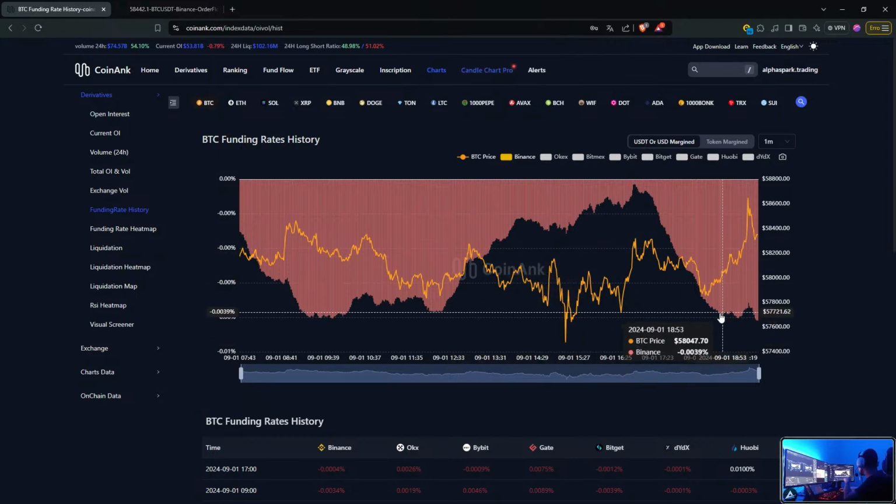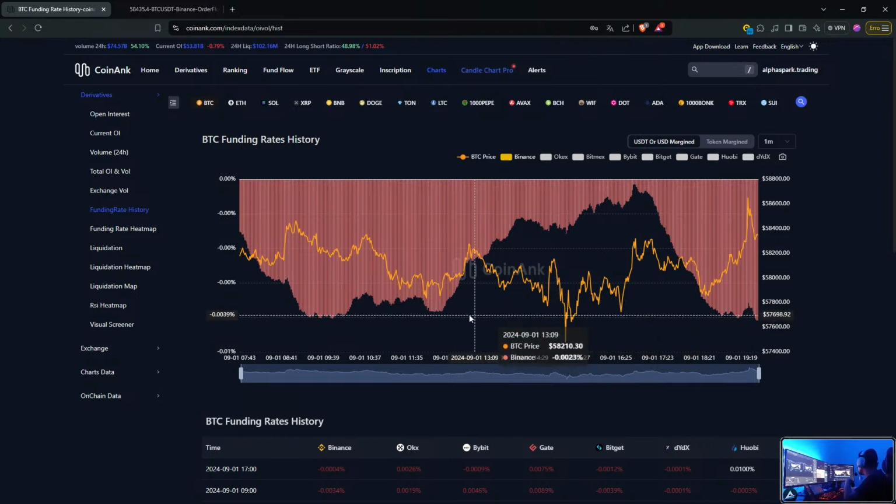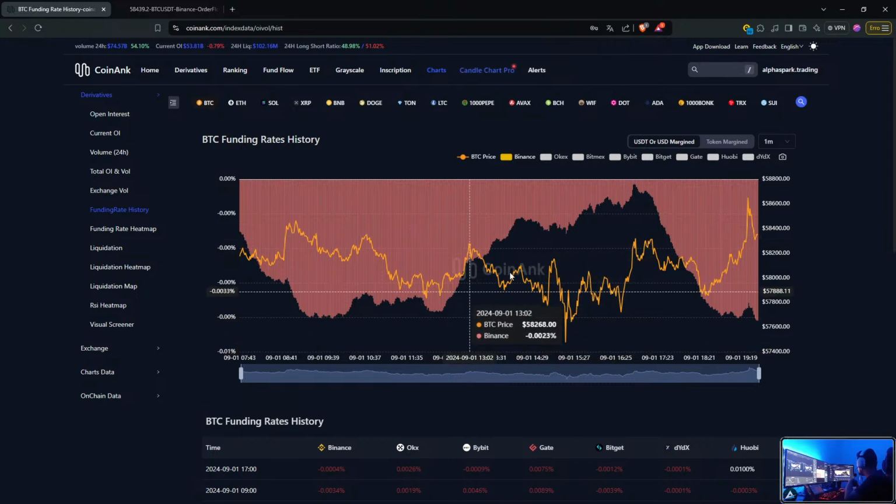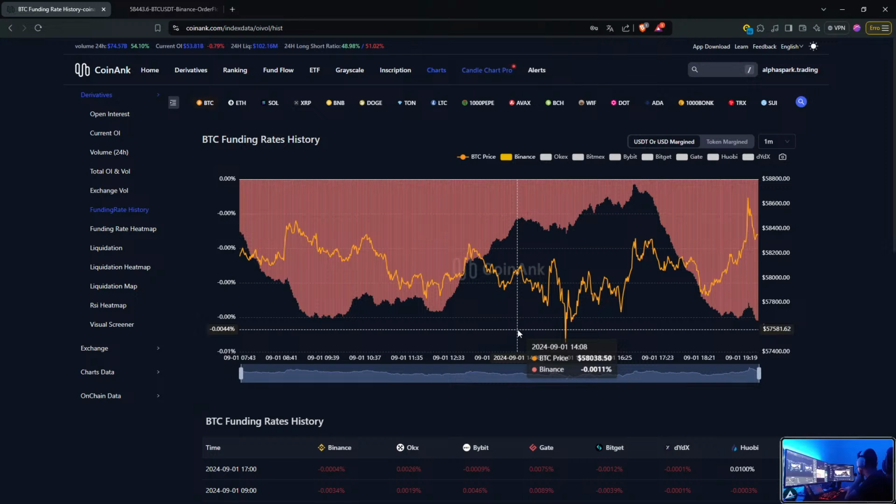This is essentially a divergence, and a big difference in both levels of data, price and funding rates, would maybe tell you that a reversal will happen soon.